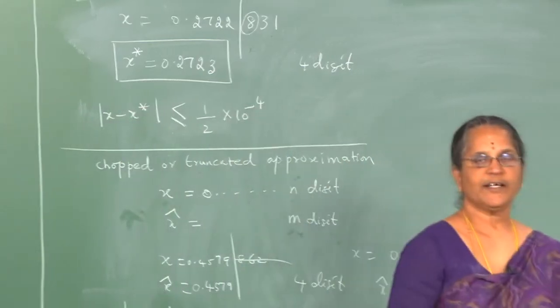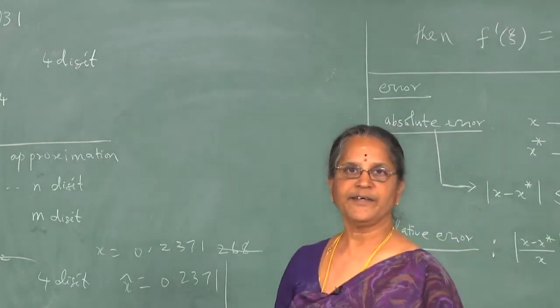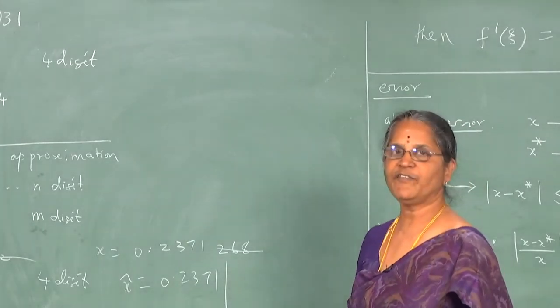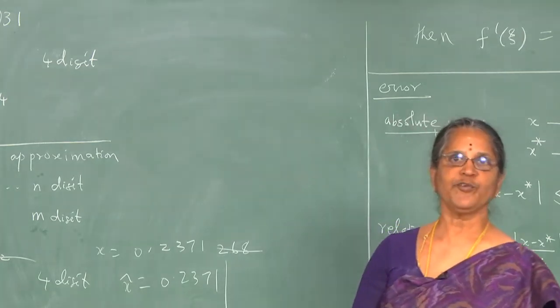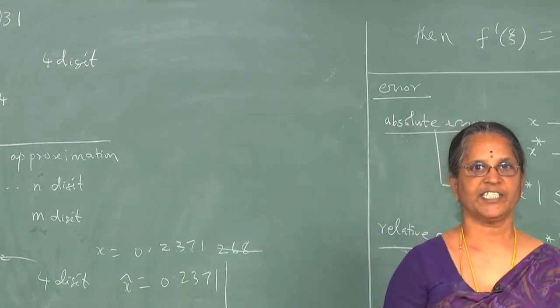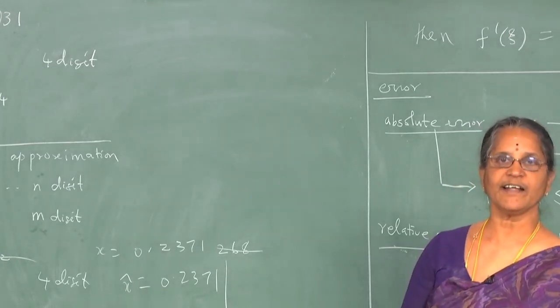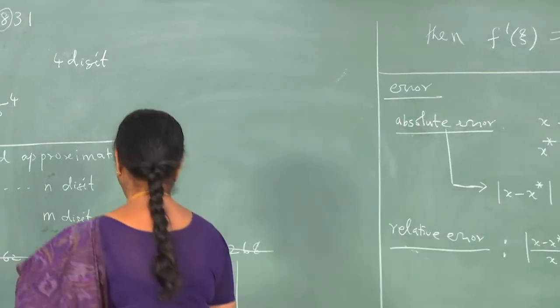Now, you may ask me, why do we have 2 different measures of error? That is a natural question. Isn't it enough if we have a single measure of error, and then see how we can control this error after computing it at each step of our computation?